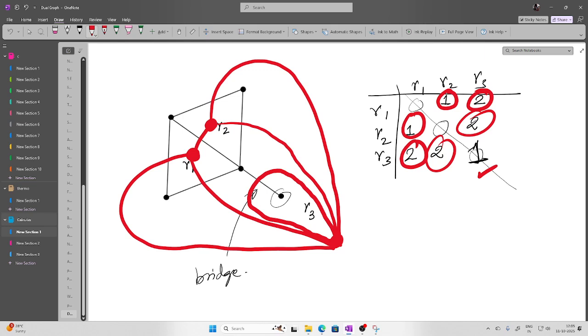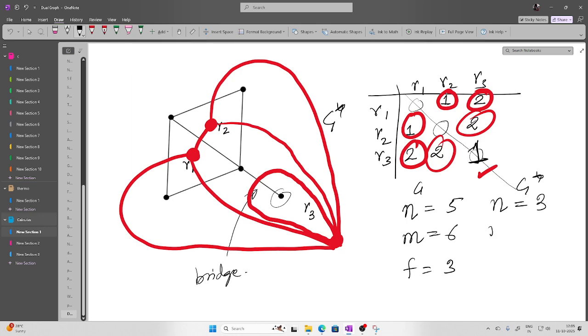Now let's count the number of edges, vertices and faces. How many vertices are there in the original graph? 1, 2, 3, 4, 5. How many edges? 1, 2, 3, 4, 5, 6. How many faces? 1, 2 and 3. Now in G star, how many vertices are there? 1, 2, 3.